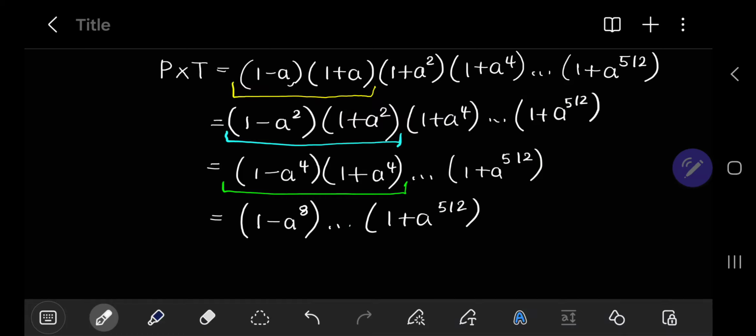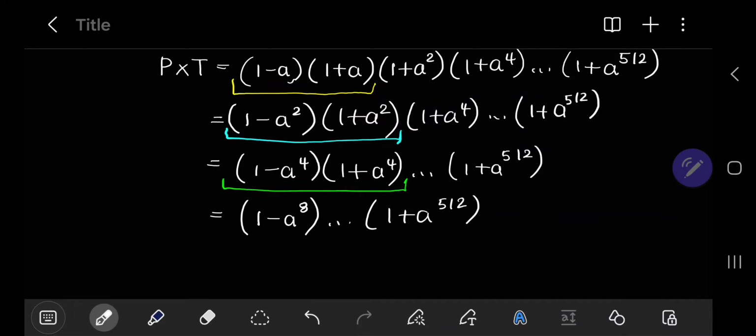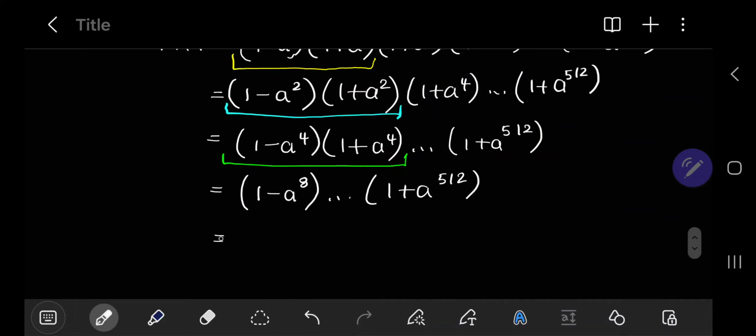But I want you guys to notice that working in the same manner, because remember, there's a whole lot of brackets that's missing in between. So yes, your next bracket here would be 1 plus a to the power 8. And again, I would say that's difference of two squares. So that process will be repeated many times until this is what you end up with. Until you get 1 minus a to the power 512, and next to that, you would have 1 plus a to the power 512.